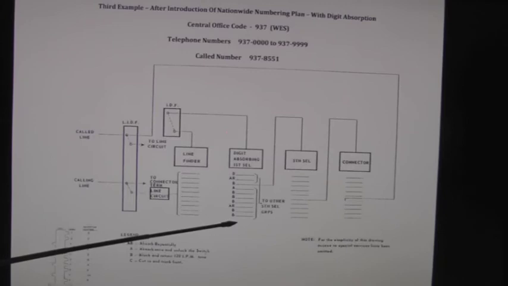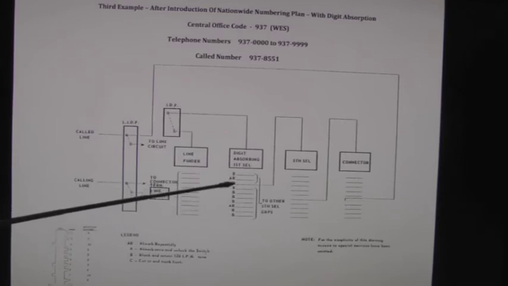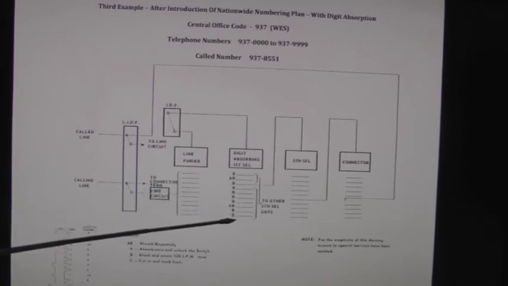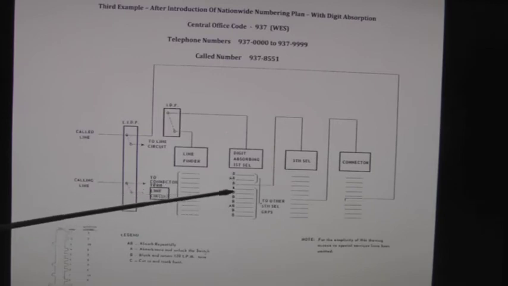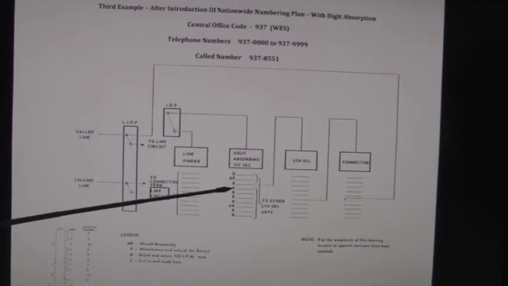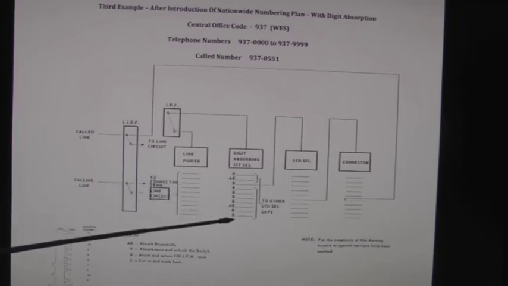And the second part of that feature is unlock the switch. Unlock the switch means that whatever level you dial now, you will rotary hunt regardless of what the absorption feature is on that level. The A feature causes the switch to override the absorption features on the next digit.